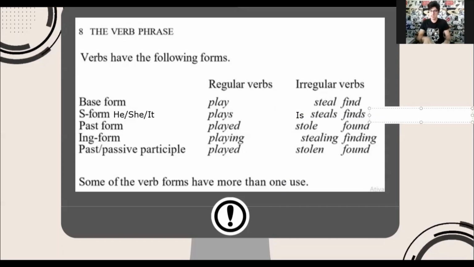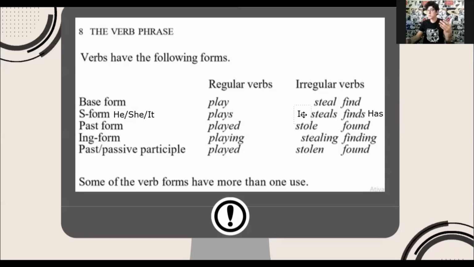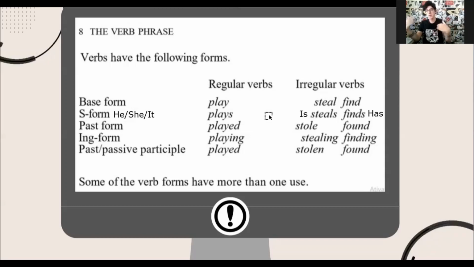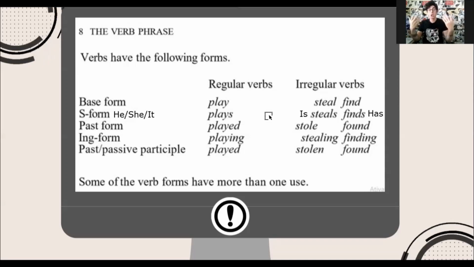Have, in this case, becomes has. So there are no rules for irregular verbs again. Some irregular verbs I'm going to add the s at the end, but others change the spelling. So no specific conjugation for that as an s conjugation.